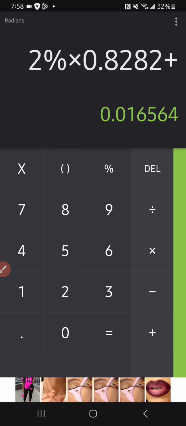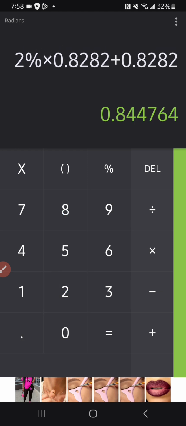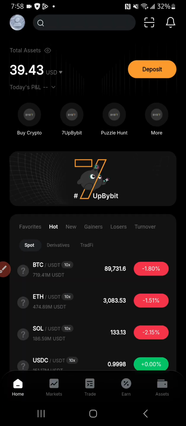Then we add that to 0.8282, that should give us a selling price of 0.8447. So we will come on here and then we will set the price at 0.8447. As simple as that.